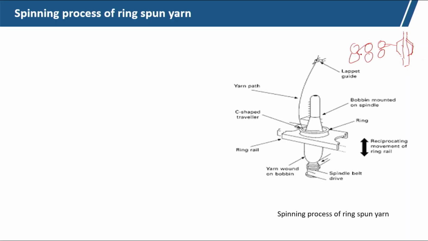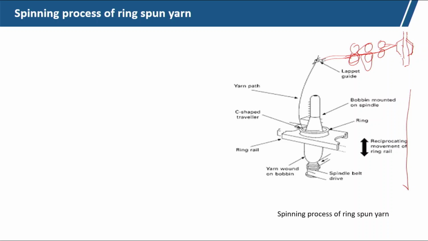These are the drafting rollers, and aprons are there; it is getting stretched depending on the fineness required in the yarn, and from there it goes to the twisting zone. This is the spinning zone, where twisting and winding take place.